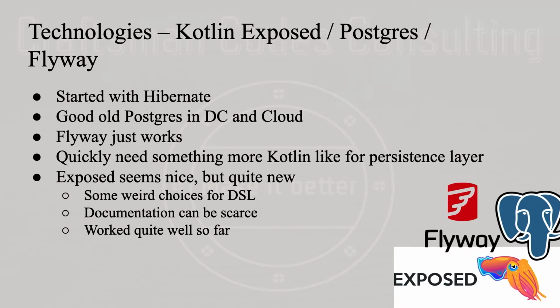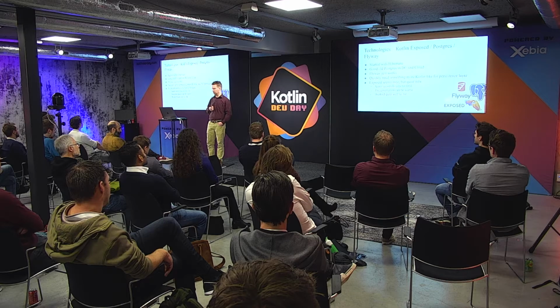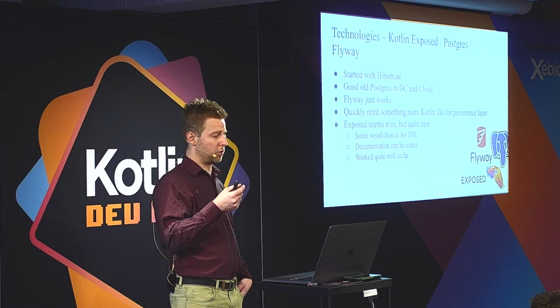In Spring, we of course want persistence. Most applications have state, so you want persistence. We started out with Hibernate, but quickly switched to Kotlin Exposed, which is a persistence framework built for Kotlin.